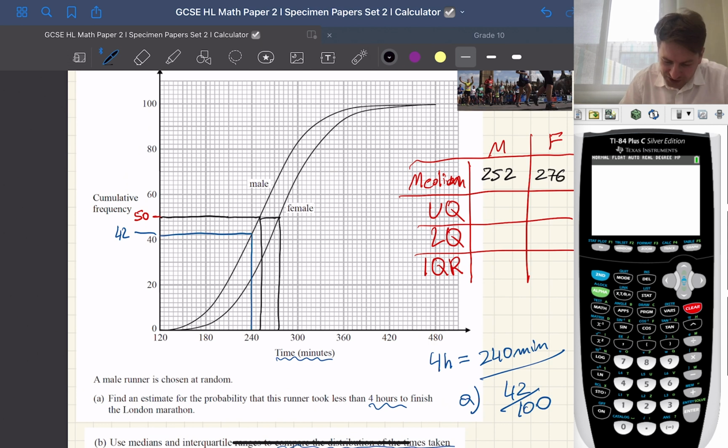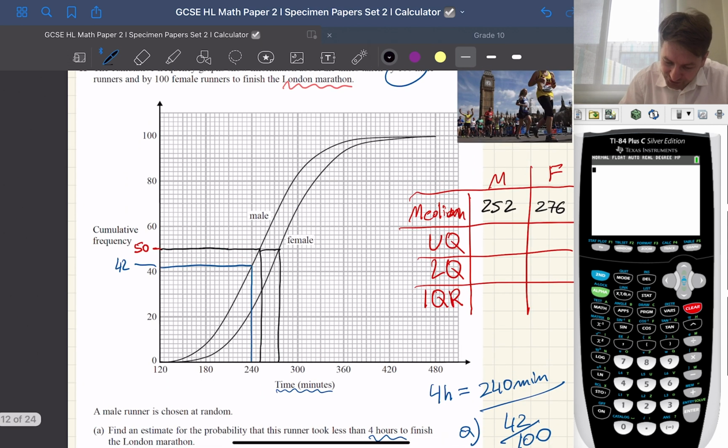Now upper quartile, which is 3/4, 75% of your data, so 75. Where is 75? Well, here is 70, then 2, 4, 6, 8, so it would be there, 75.